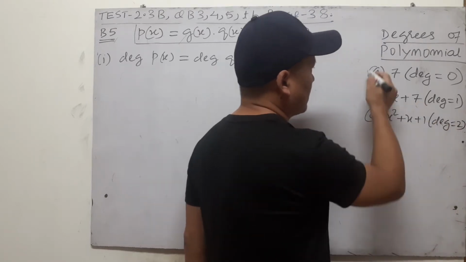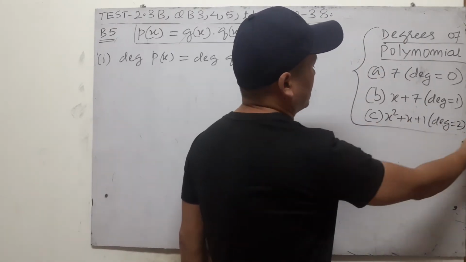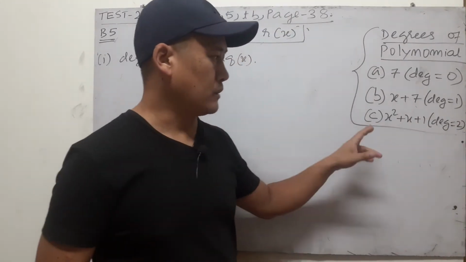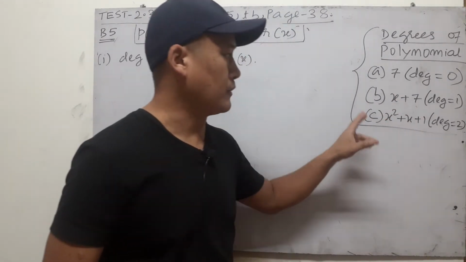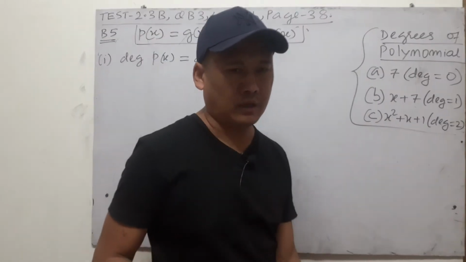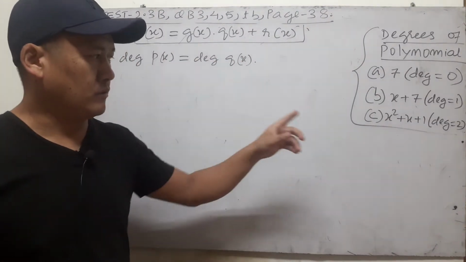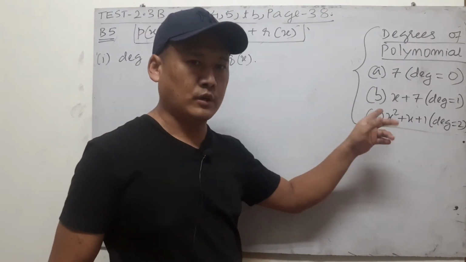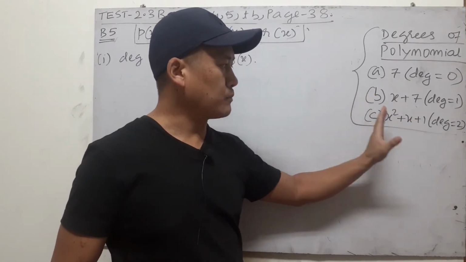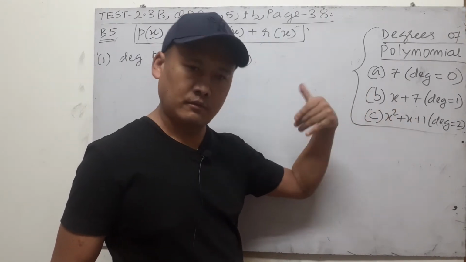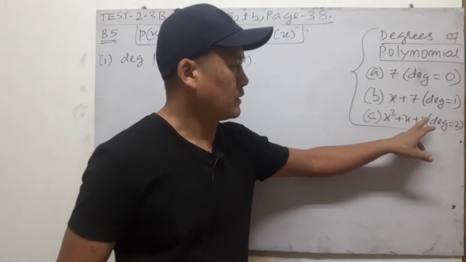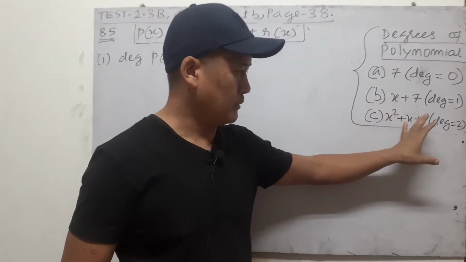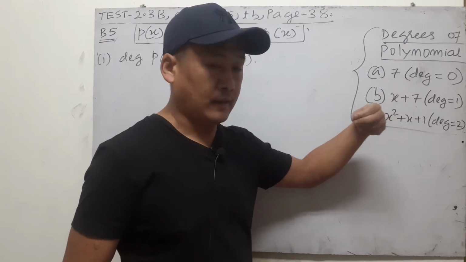So in other words, degree of polynomials means the highest power of the variable of a polynomial. The variable is usually x, because x is commonly used, even though not always, sometimes t squared, but the highest power of the variable in all the terms of a particular polynomial is taken as its degree.